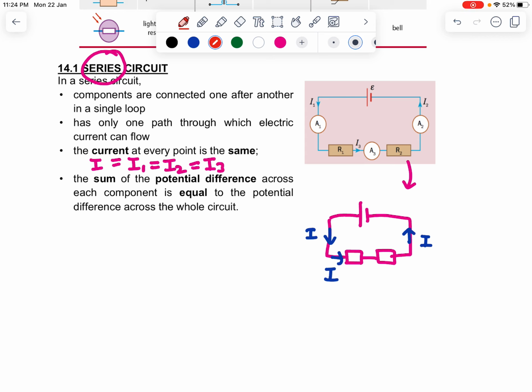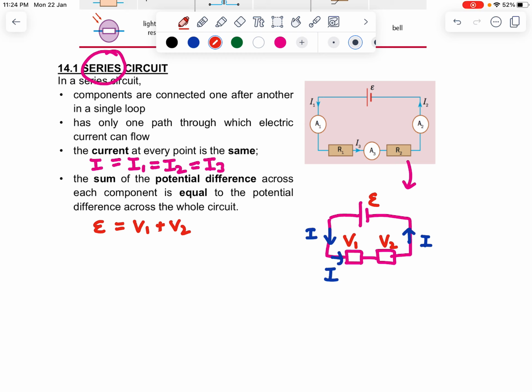So, as we know, this is the EMF of the battery. We can call this voltage 1, voltage 2. So, EMF equals voltage 1 plus voltage 2. If there are more resistors, we can just add them up together.